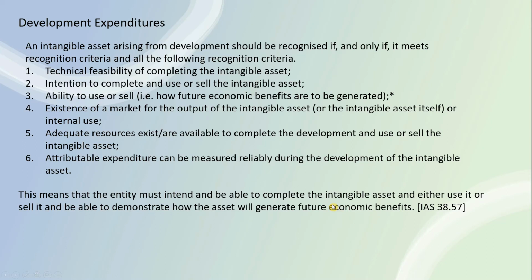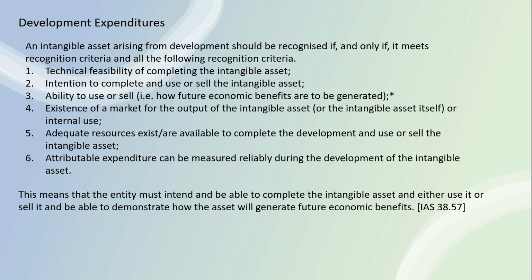So this is when we are going to recognize the cost as development expenditure, meaning that when the cost is considered as development expenditure, it should be considered as an intangible asset for the business and reported in the statement of financial position. So it must meet 6 criteria.